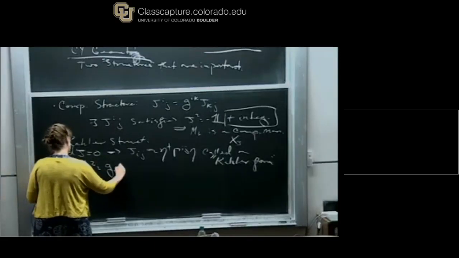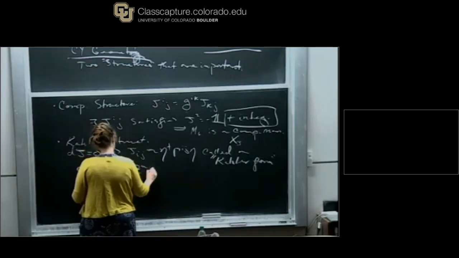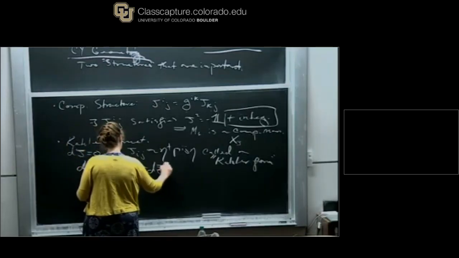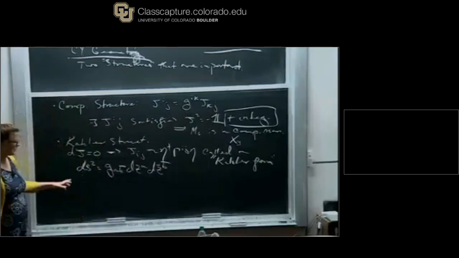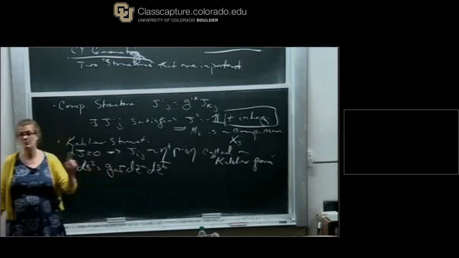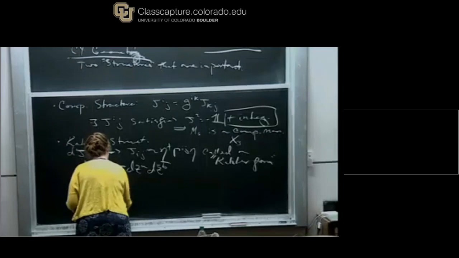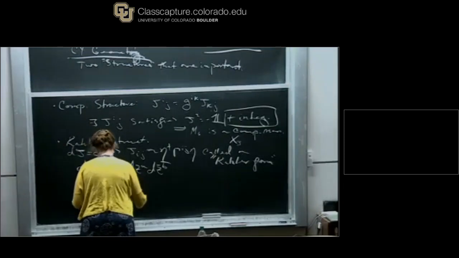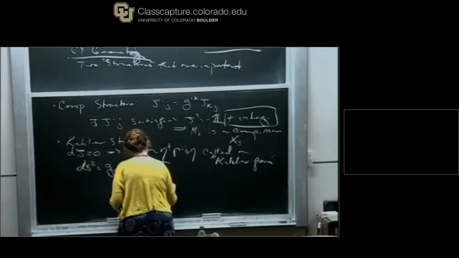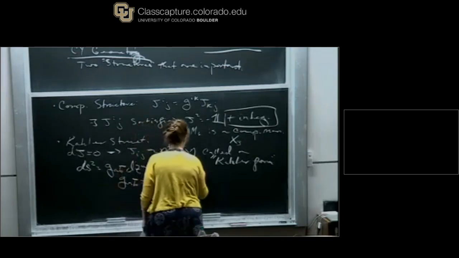You can write it in the complex coordinates available to you as a (1,1) type metric, with one barred and one unbarred index. The components with both barred or both unbarred indices are 0. And importantly, the closed condition tells you that G a b-bar can be written as two derivatives of some function f, which is called the Kähler potential.